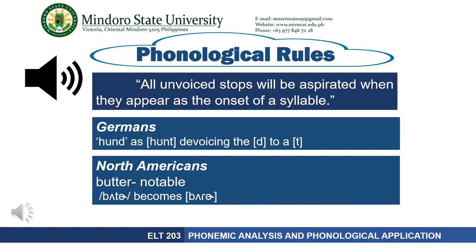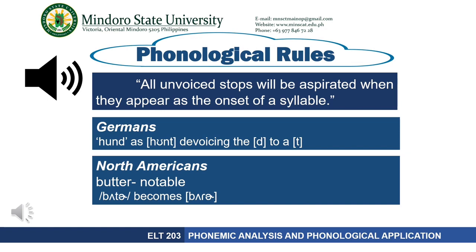Application of phonological rules varies in each language. Just like how Germans will remove the voicing of an obstruent if it appears as the coda of a syllable. The voiced D becomes T, just like in the example below, where the word "hund" is pronounced as "hunt".